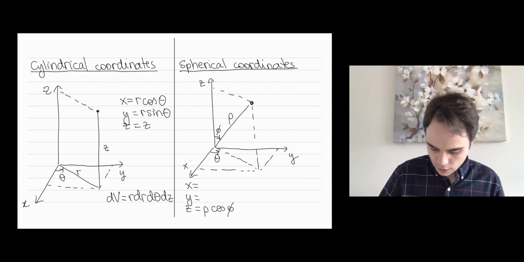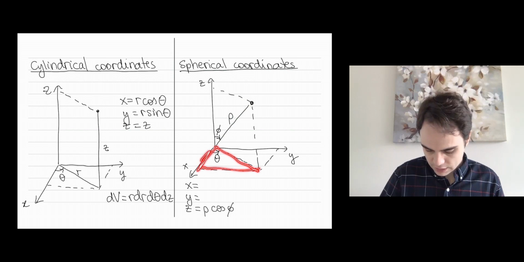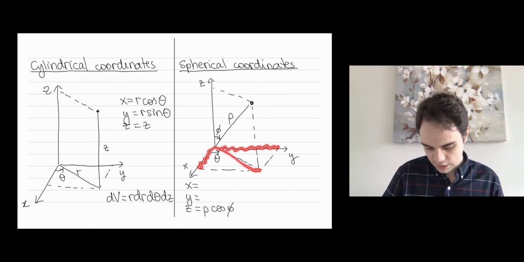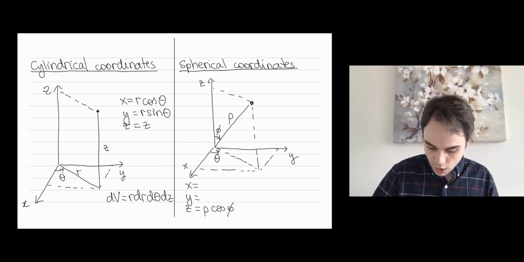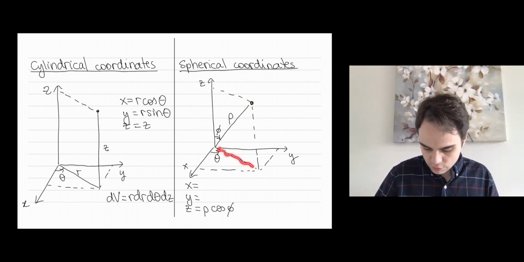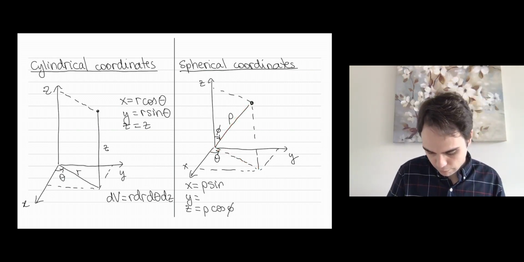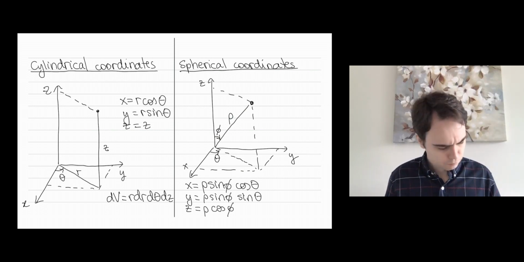So x and y are r times cosine theta, and r times sine theta. Now r, this distance over here, is rho sine phi. Multiplied by cosine theta, I get x. And r again is rho sine phi. If I multiply by sine theta, I get y.